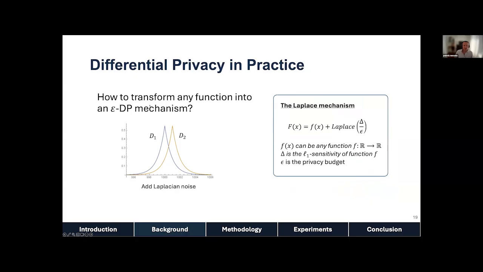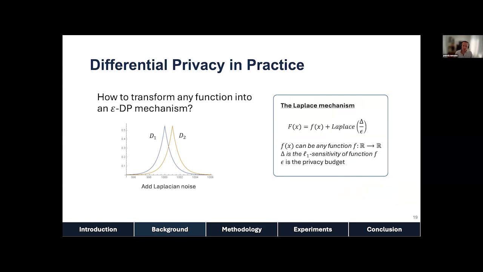In practice, how do you transform any function into an epsilon differentially private mechanism? Well, imagine that you have access to a database and you have to compute the average income.